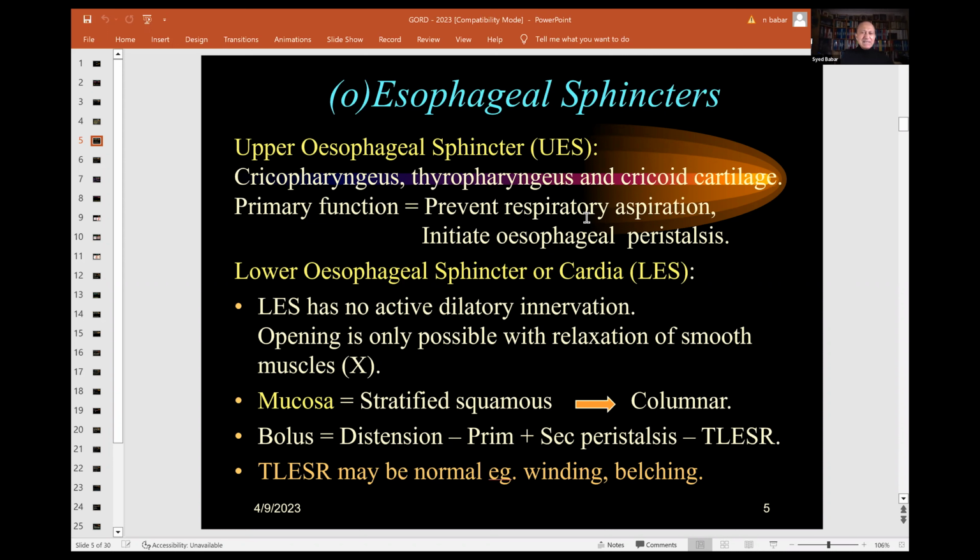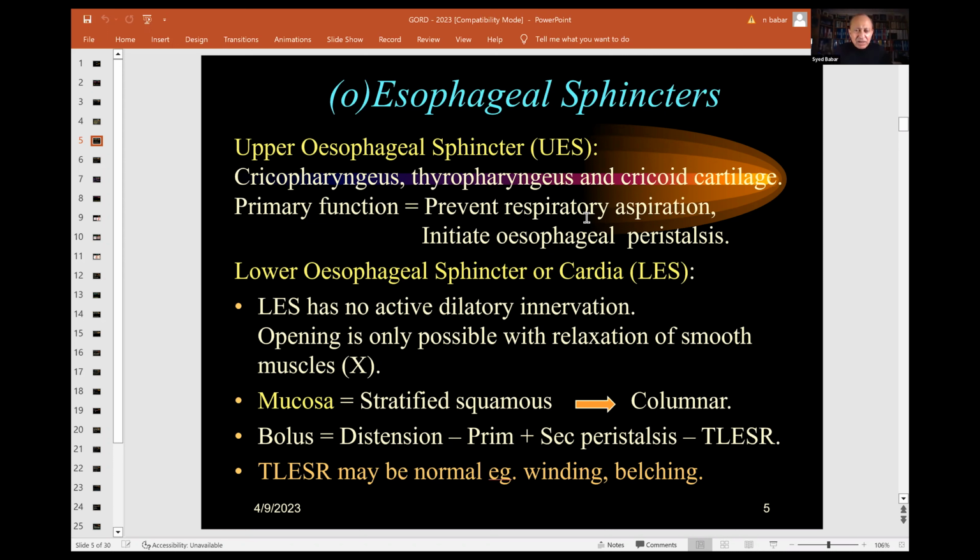We'll talk about the innervation and the control in relation to subsequent matters. The lower esophageal sphincter, or cardia, is also a sphincter established by the concentration of the circular muscle fibers.